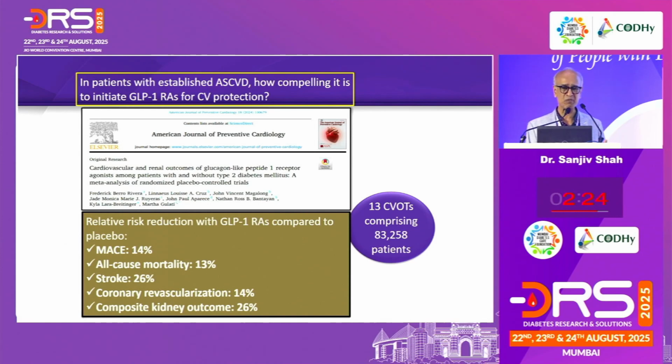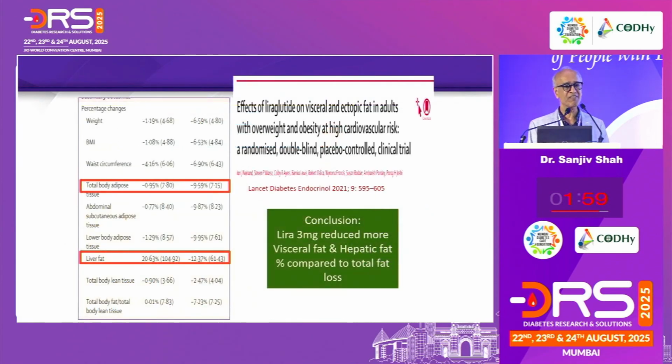A beautiful paper by Naveed Sattar, including a relatively recent trial, also has exactly 14% and 13% mortality, but a larger stroke benefit. If you have seen the previous talk, SGLT2 inhibitors had hardly any benefit on stroke, which is visible here. Probably different renal and cardiovascular endpoints get addressed with GLP1RA. Similar 22% benefit in renal outcome.